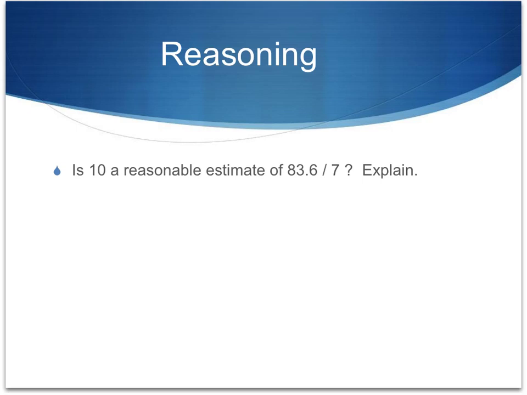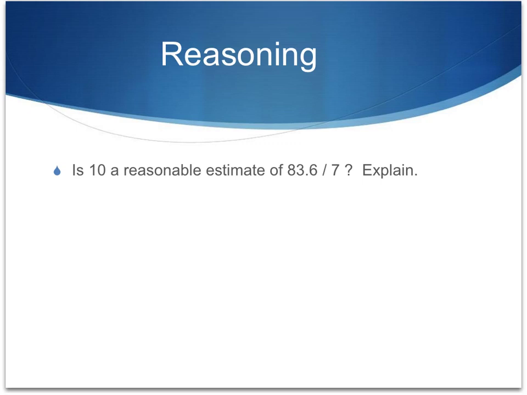The final question we have is dealing with reasoning, and so a question that is stated on this slide: is 10 a reasonable estimate for 83.6 divided by 7? So thinking back, one thing you should notice right away, we have 7 here. It's a whole number. And so I should be thinking about all my 7's facts, 7 times 1 all the way through at least 7 times 12.